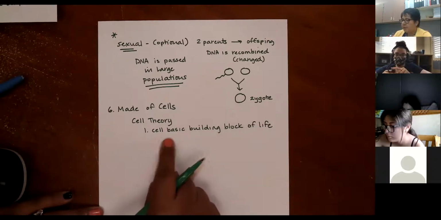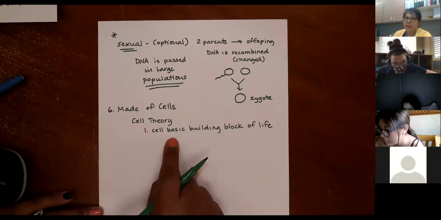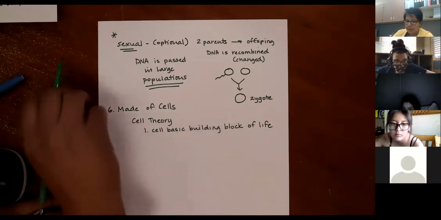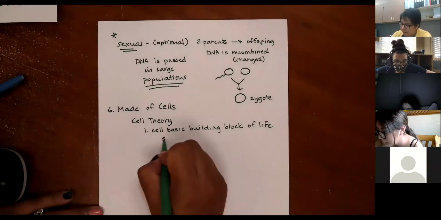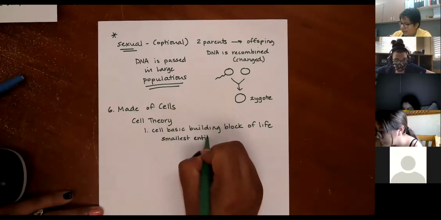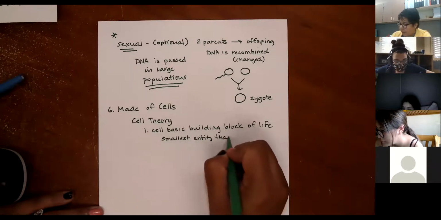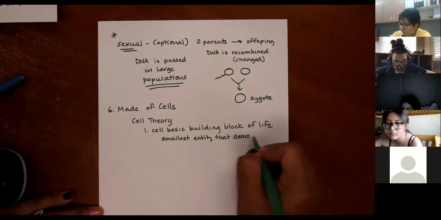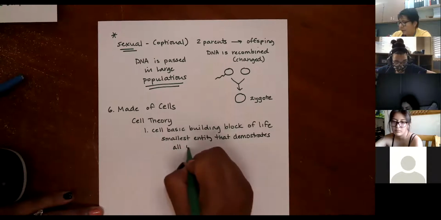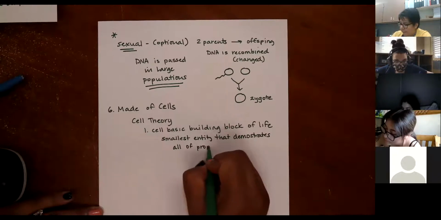In other words, nothing smaller than a cell exists. The cell is the smallest thing that can demonstrate all of the properties that we're talking about. So it's the smallest entity that demonstrates all of these characteristics or all of these properties.